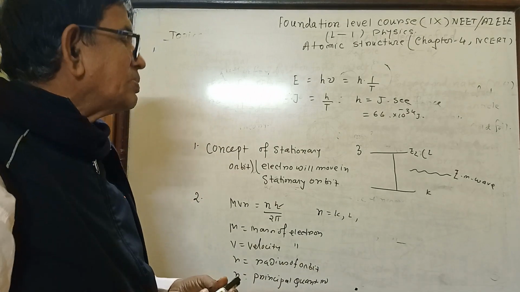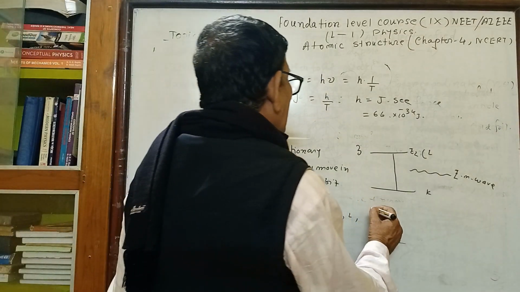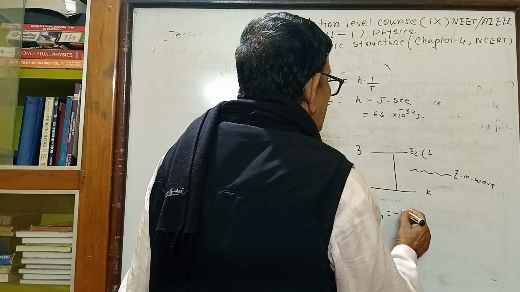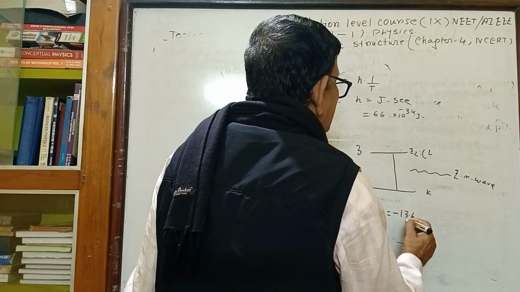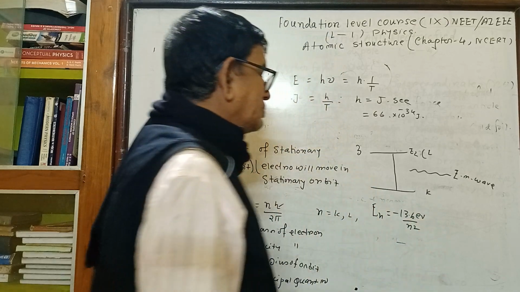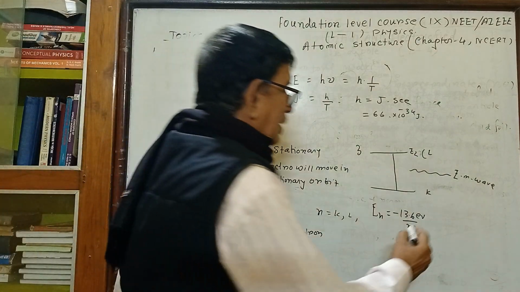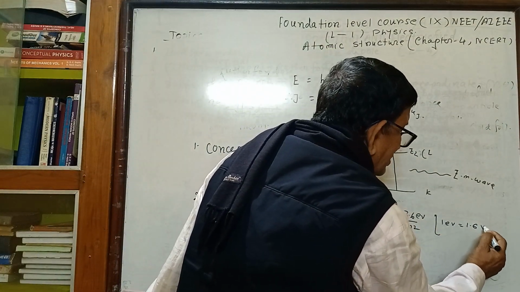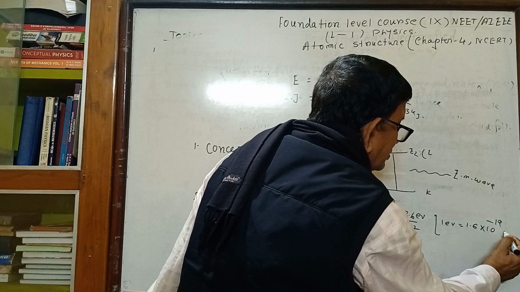Now, for your convenience, I am telling you that the energy in an orbit equals minus 13.6 electron volt by n square. Always remember that 1 electron volt means 1.6 times 10 to the power minus 19 joule.